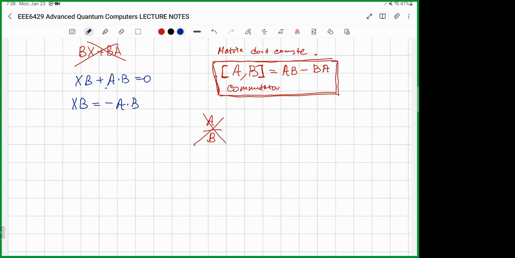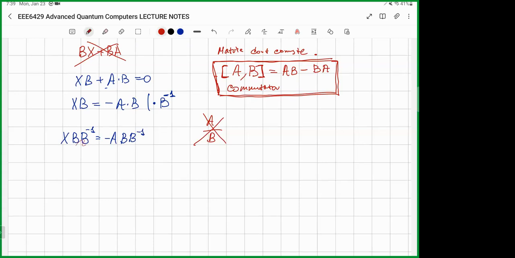For a matrix, we have to multiply our matrix by the inverse matrix. So let's multiply both parts of this equation by the inverse matrix B from the right side. So it will be X B B inverse equals minus A B B inverse.